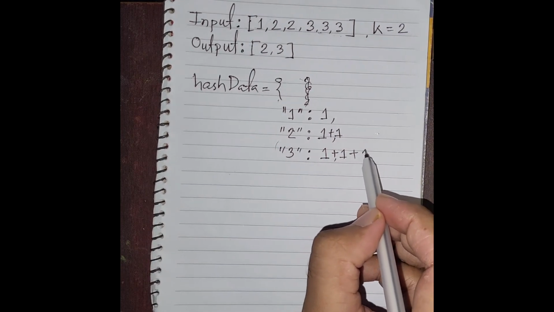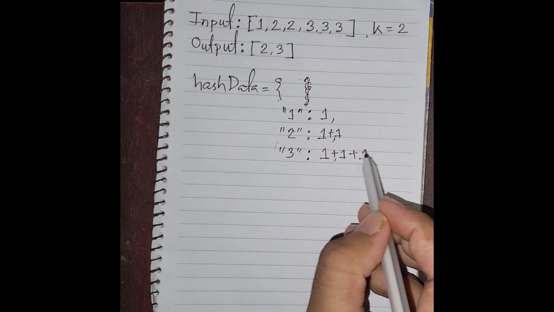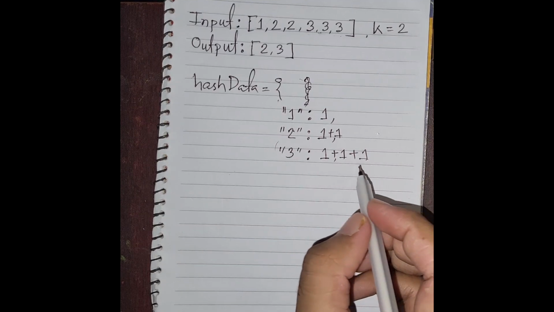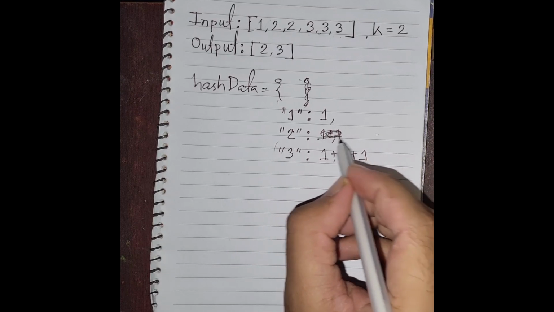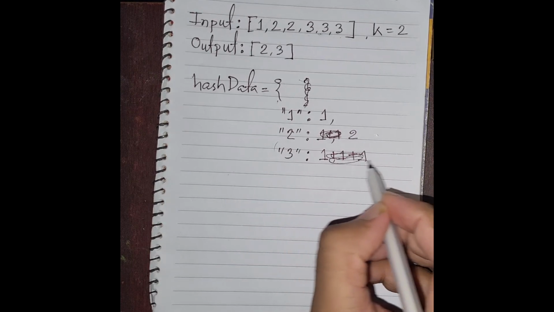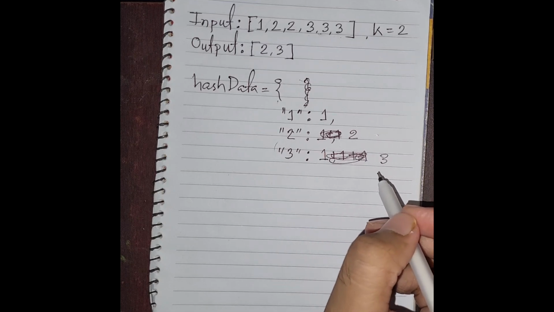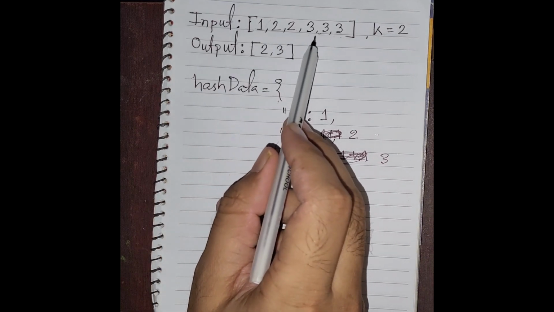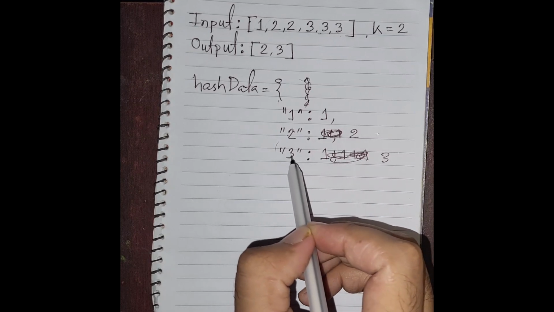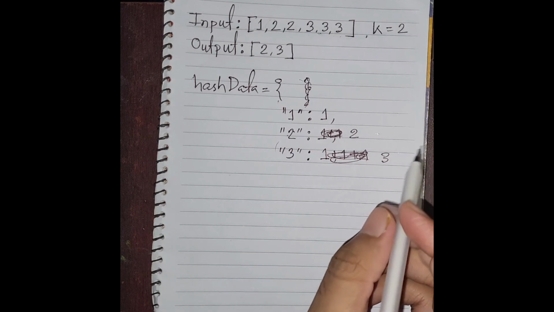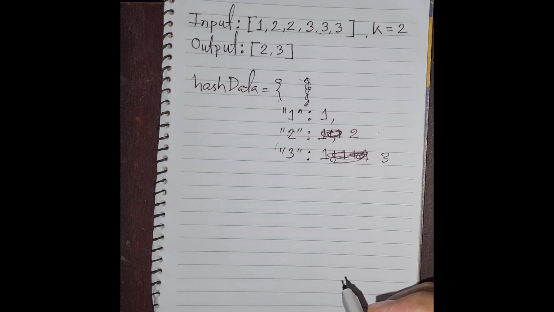Add 1 more to it. So that means in the end, we are going to get 2 is 2, right? And 3 is 3, like this. In other words, in our input array, we found 1 one time, 2 two times, and 3 three times, right? Okay.